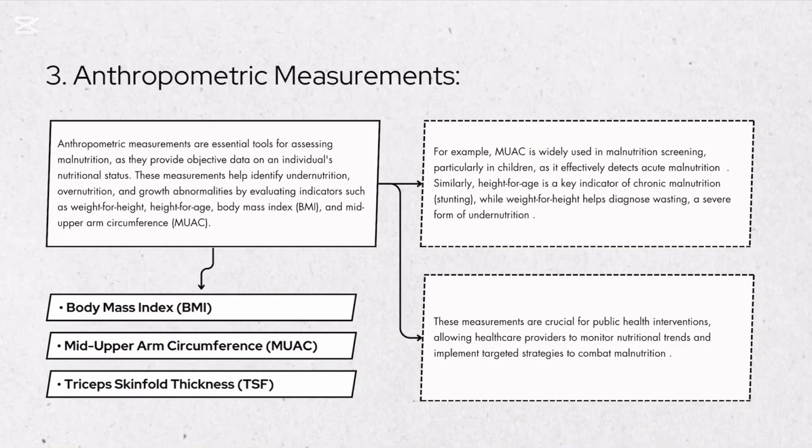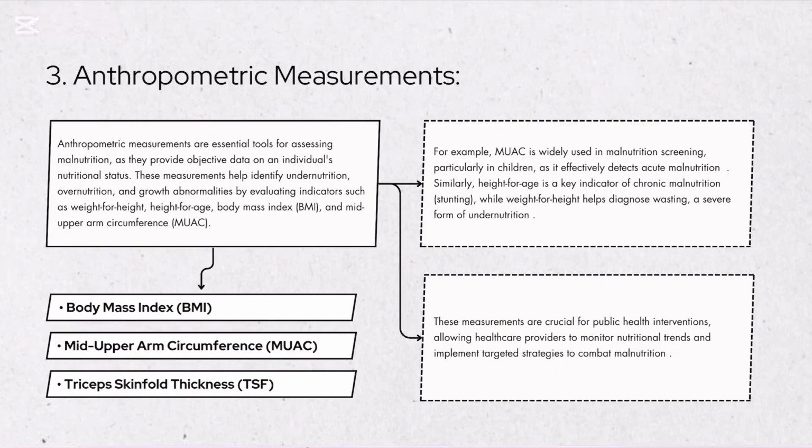Anthropometric measurements are essential tools in nutritional assessment because they provide objective, quantifiable data about an individual's nutritional status. These measurements help us detect different forms of malnutrition, whether it's undernutrition, overnutrition, or abnormal growth patterns.